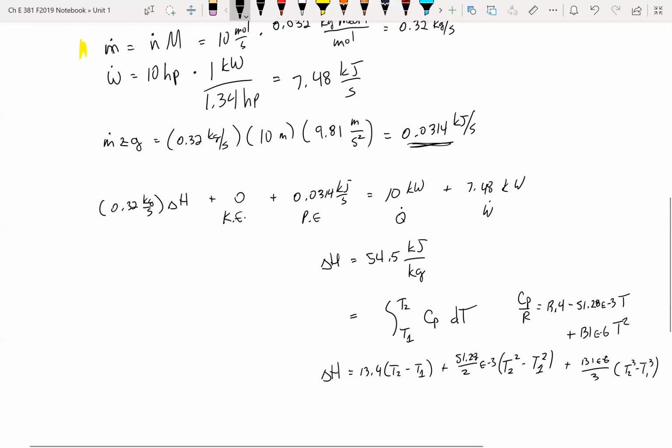At this point I've got one equation and one unknown. I know delta H, I know T1, so I just have to solve for T2. What are some of your favorite ways of doing that?